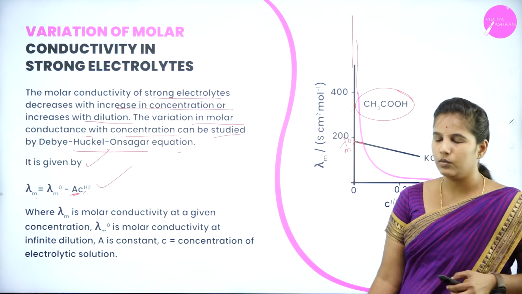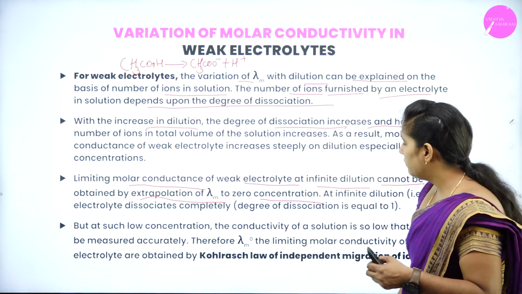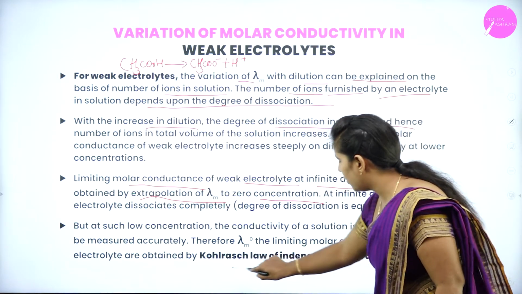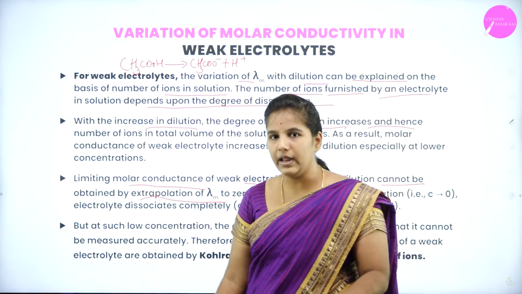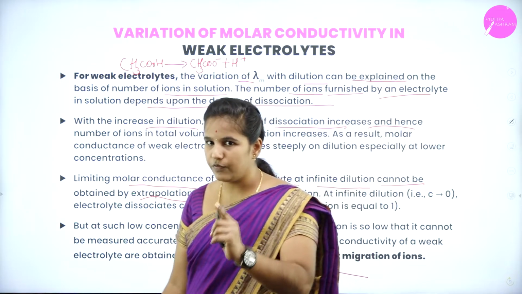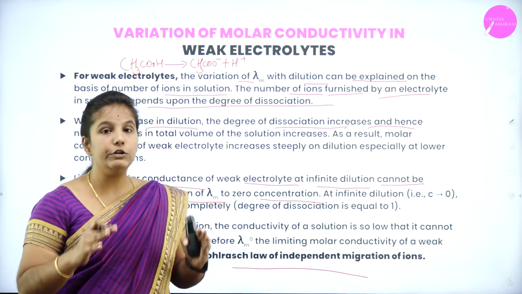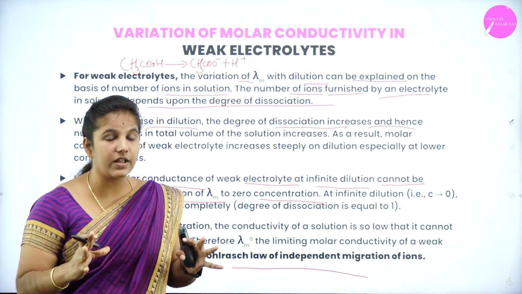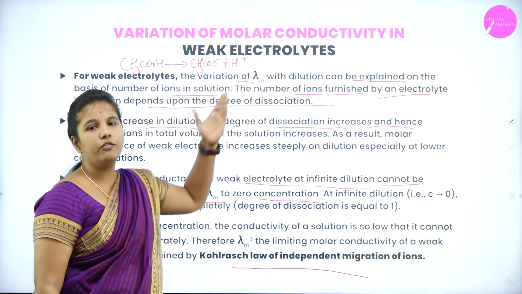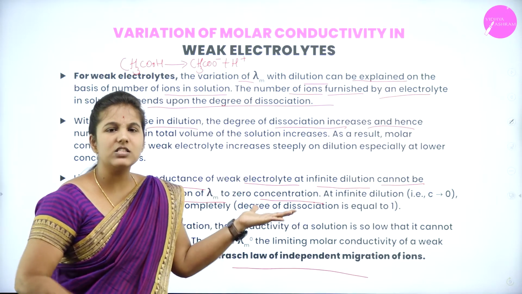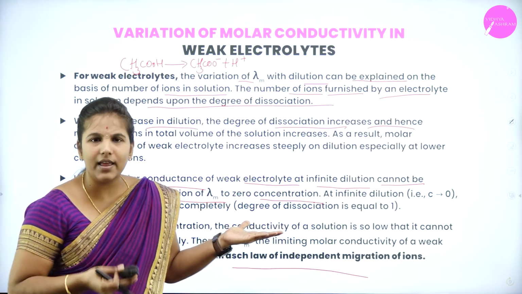So what do we do? In such cases, we will go with Kohlrausch's law of independent migration of the ions. Why? Remember, in case of weak electrolyte, what will happen? Due to the degree of dissociation of the ions during the dilution, it produces more number of ions. These ions will be responsible for conducting the electricity.